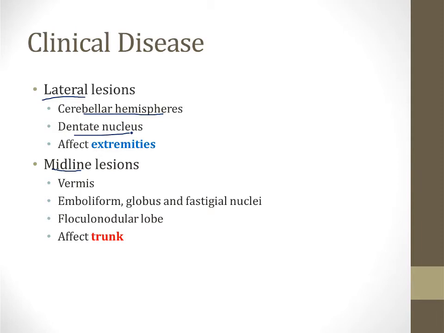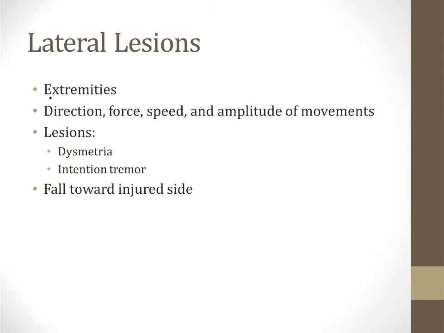So if you have a lesion that involves one of the hemispheres or the dentate nucleus, these are lateral lesions of the cerebellum, and they tend to involve the lateral portions of the body, like the extremities. On the other hand, midline lesions of the cerebellum, like those lesions that involve the vermis or the midline deep nuclei or the flocculonodular lobe, these lesions tend to affect the midline portion of the body, and that includes the trunk. So lateral lesions affect the extremities of the body.